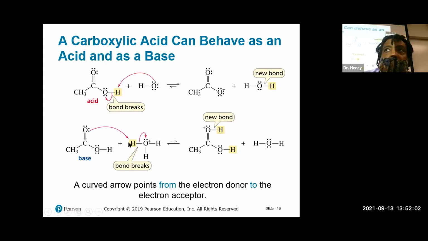And then in this case, where this base is donating its electrons, we're forming a new bond up here, right? Because we have this OH here, and also because we have the double bond here, it allows it to have flexibility.